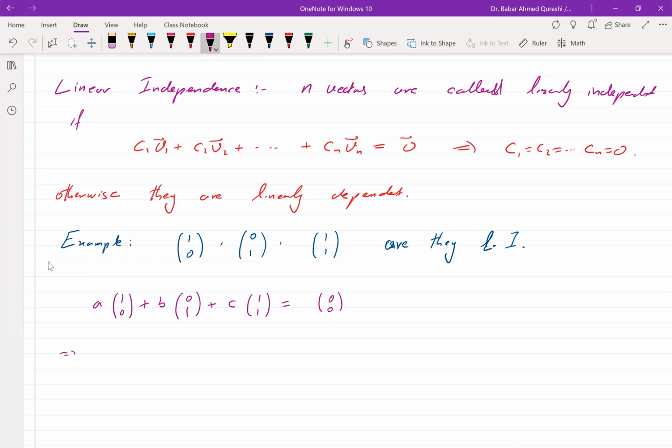So that means you have a plus c and b plus c is equal to (0, 0). And this has a non-trivial solution.